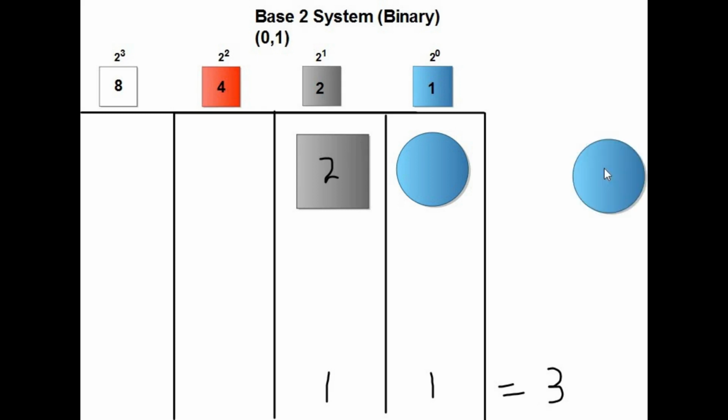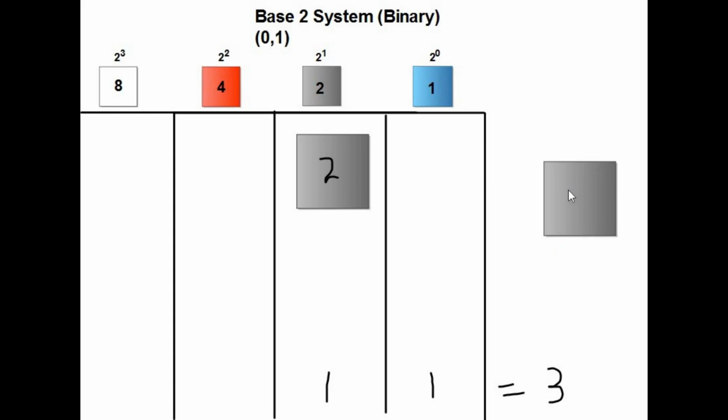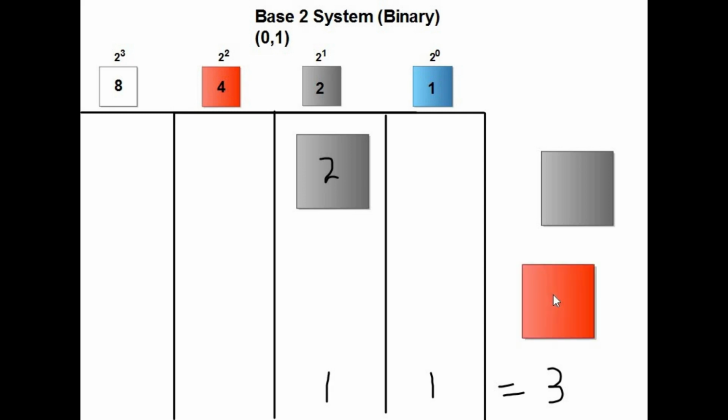Again, if we try to add one more disk to it, we'll have to combine these 2 disks and form a gray box. But the problem is that we cannot store the box in the gray box column because it's already full. So what we're going to do is we're going to take a red box, and this has a maximum capacity of 4. So we'll take the disks in the newly created box and also the disks that we have stored in the gray box column, and then store them in the red box.